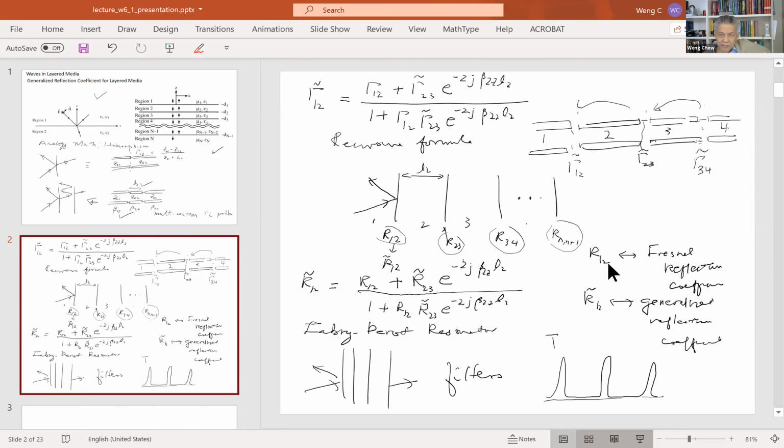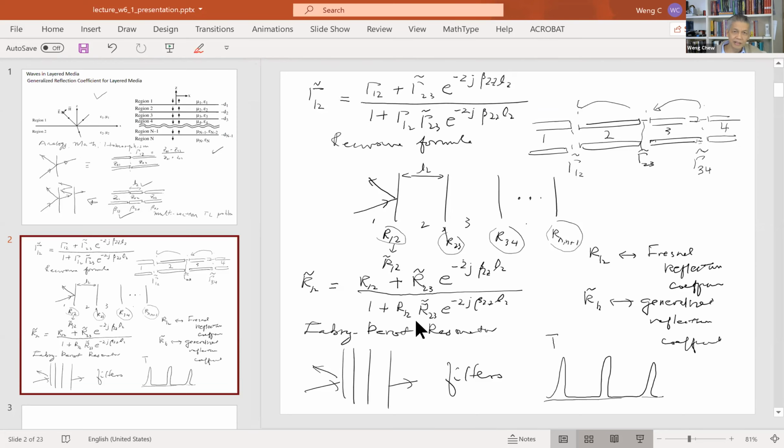The difference is that R12 is the local Fresnel reflection coefficient, while R12 tilde is a generalized reflection coefficient. The difference is that generalized includes reflection from behind the first junction, because these are actually reverberations from behind the first junction.